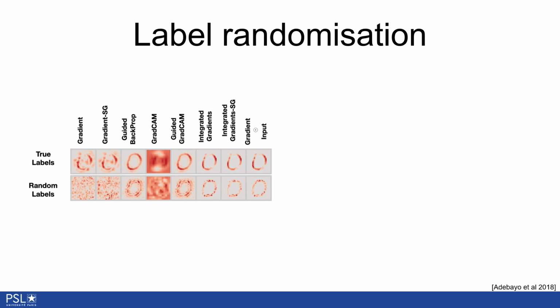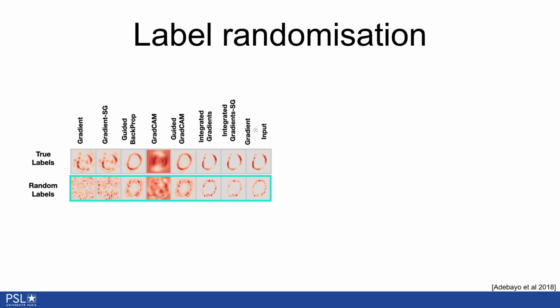In this case, the input number is 0. The top row shows the saliency maps obtained from different methods applied to a network trained with true labels. The bottom row shows the saliency maps obtained from a network trained on randomized labels.